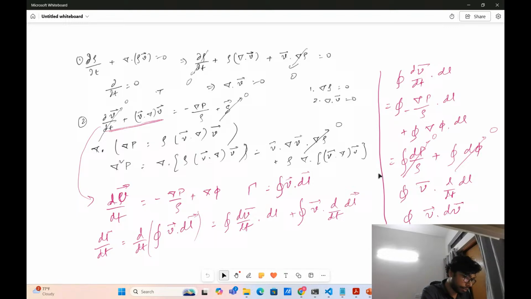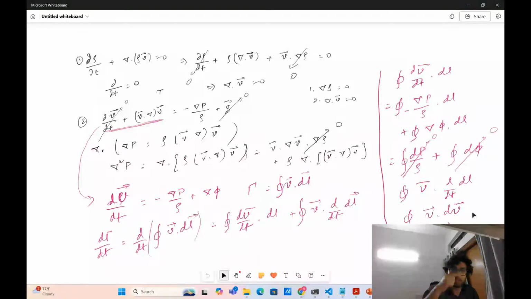So this will become integration of dv square by 2, I guess. Yeah. So dv square is v dv plus v dv, and that's why we have a by 2. And again, this will become 0 if you do a closed loop integral.